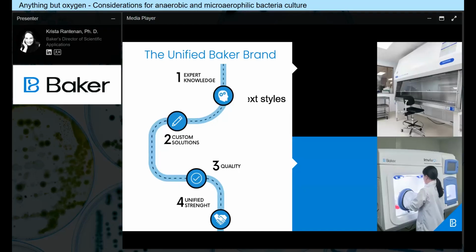But today we are called the Baker Company, and there are 2 sites of operation in Europe and 1 in North America where the Baker company is originating.